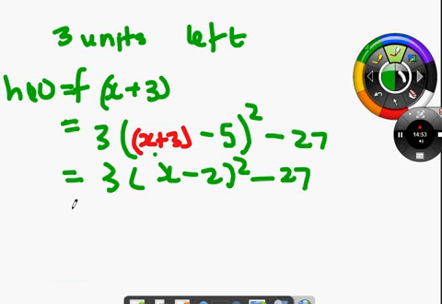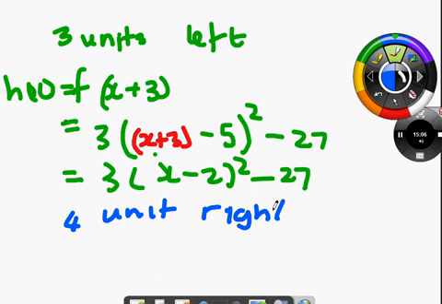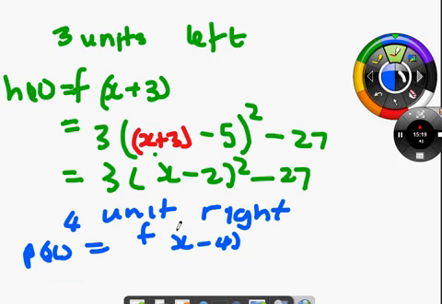Let's now look at shifting 4 units to the right. We just picked 4 units. So again, this one will give us p of x. It's going to be giving us f of x minus 4. Because it's now going to the right, you must say minus 4.